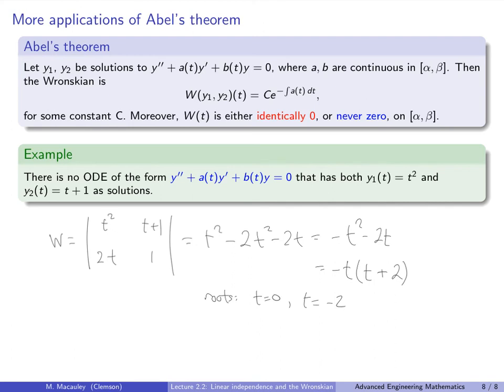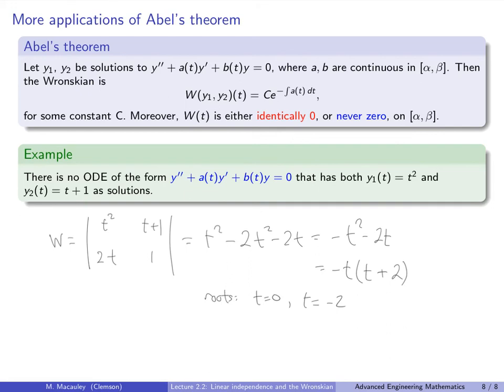Now what's the problem? The Wronskian is either identically 0 or it's never 0 on any fixed interval. And if this equation has both these things as solutions, it's going to be defined everywhere.